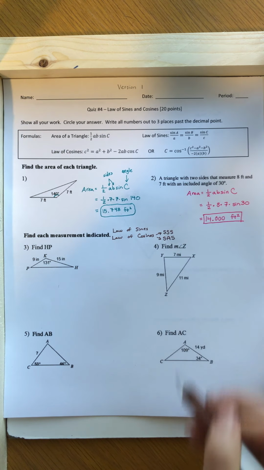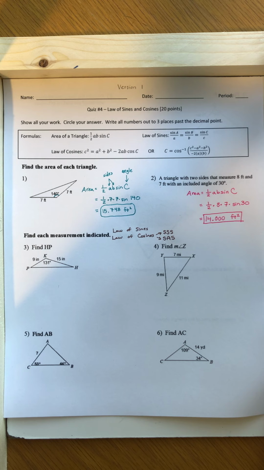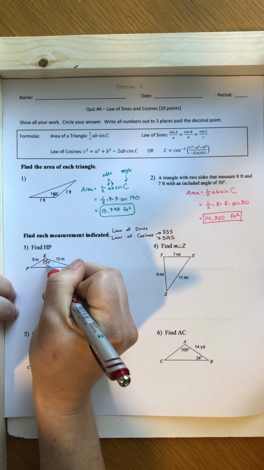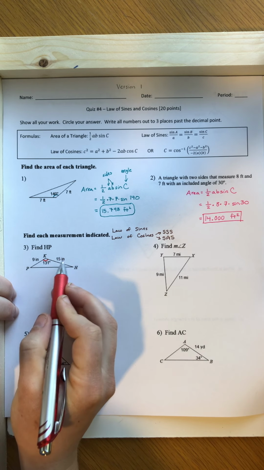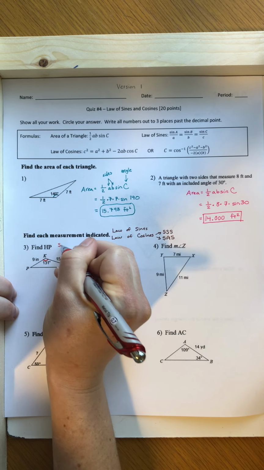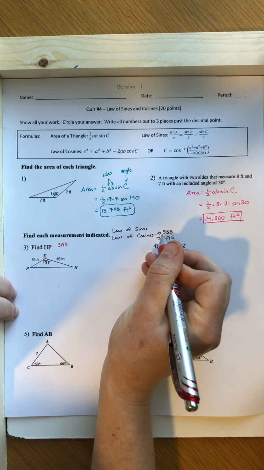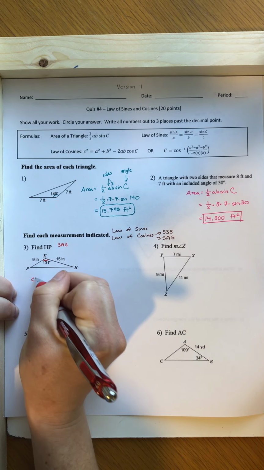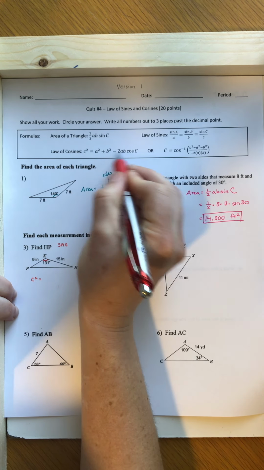All the rest of the times you're going to use law of sines. So for number 3, we have an angle, 131, in between 2 sides. So this is a side angle side problem. So I'm going to use law of cosines. And I'm getting the formula from right up here.